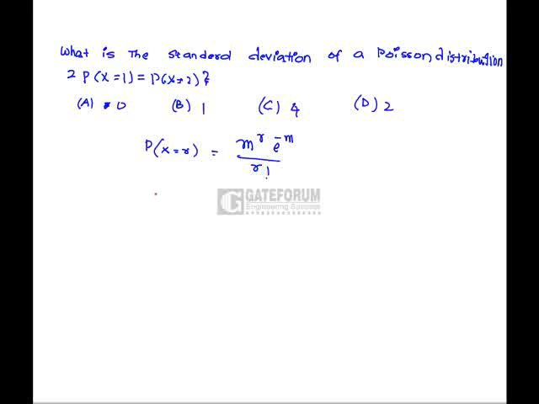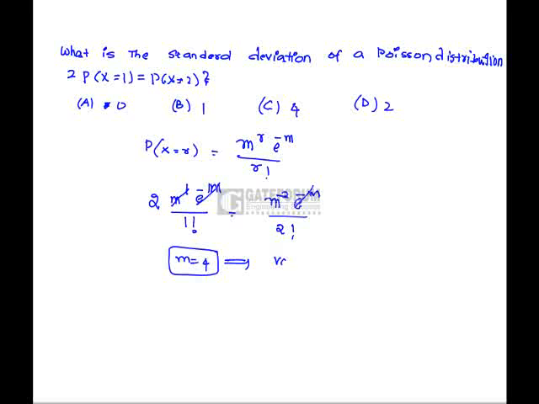Here, m power 1 e power minus m divided by 1 factorial is equal to m power 2 e power minus m divided by 2 factorial. So this gets cancelled, and m is equal to 4.